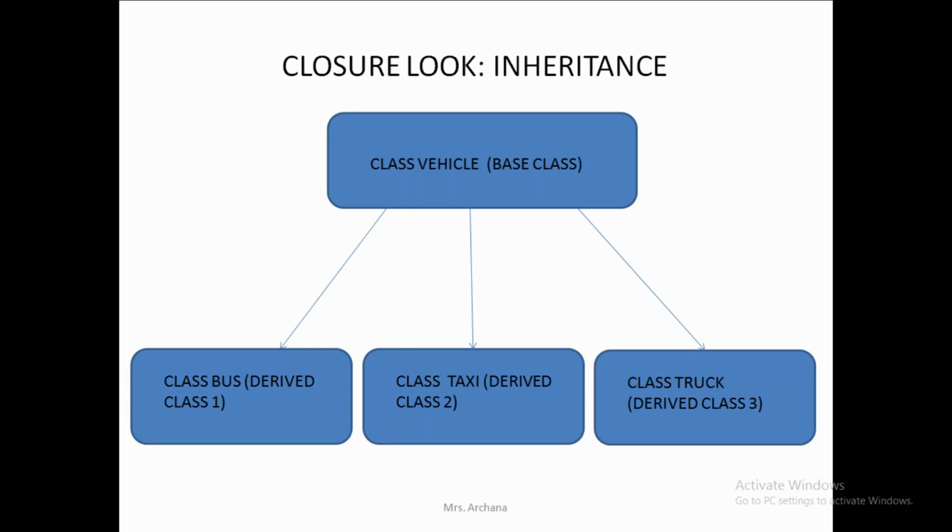We have created 3 new classes from the vehicle class. Each new class has its own unique property along with the common property of vehicle. The newly created classes are called derived classes, and the class from which they are created is known as the base class.